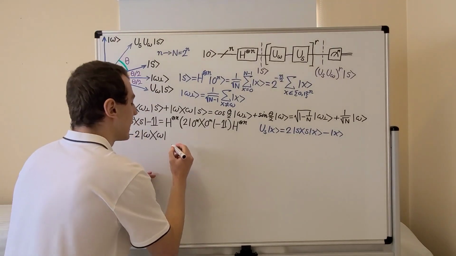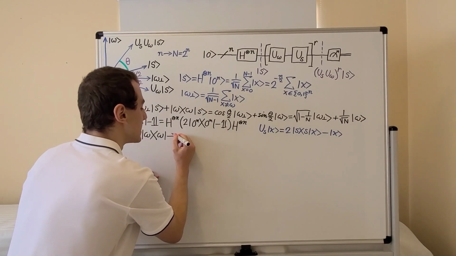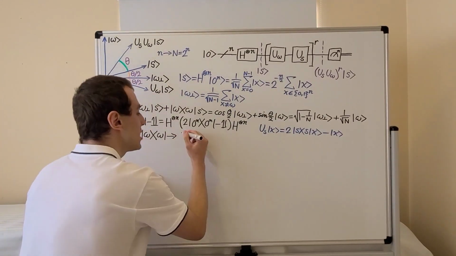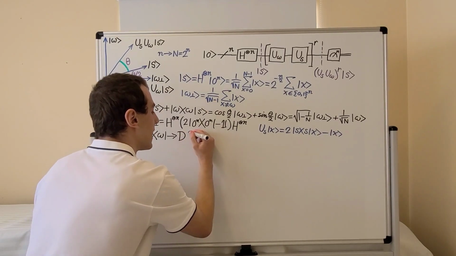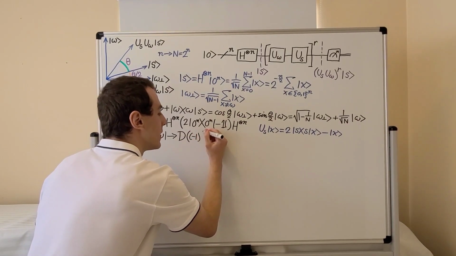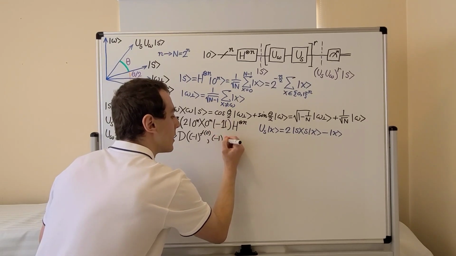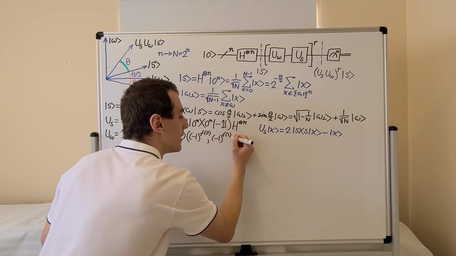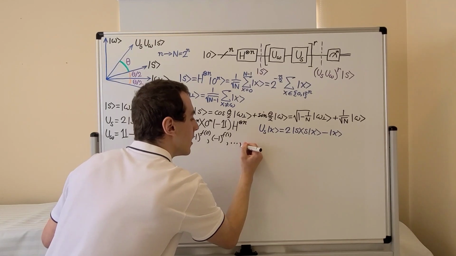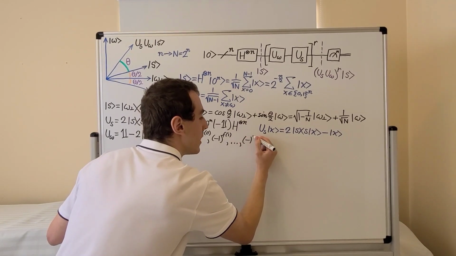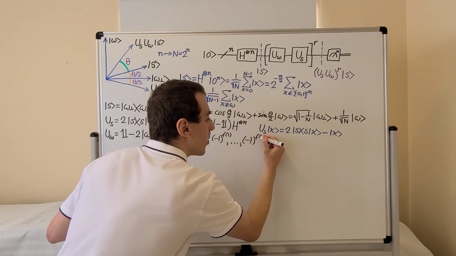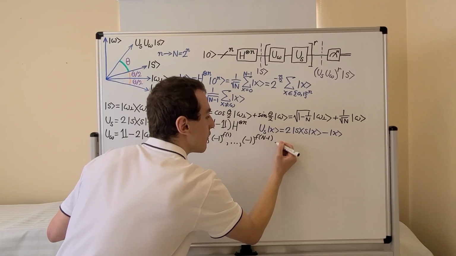We can write this as a matrix representation. So what is the matrix representation? It's a diagonal matrix, and the entries are minus 1 to some f of 0, minus 1 to f of 1, and we're going to go dot, dot, dot, all the way up to minus 1 to f of big N minus 1.